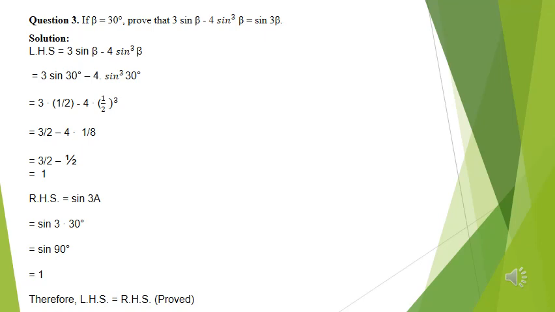After that, we prove the right hand side. So sin 3A, and that A becomes 30 degree. Now sin 3 into 30 degree is sin 90 degree, and we know that sin 90 degree is equal to 1. So here we prove left hand side is equal to right hand side.